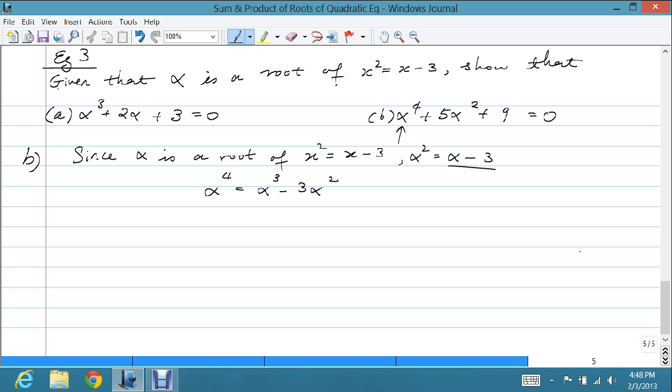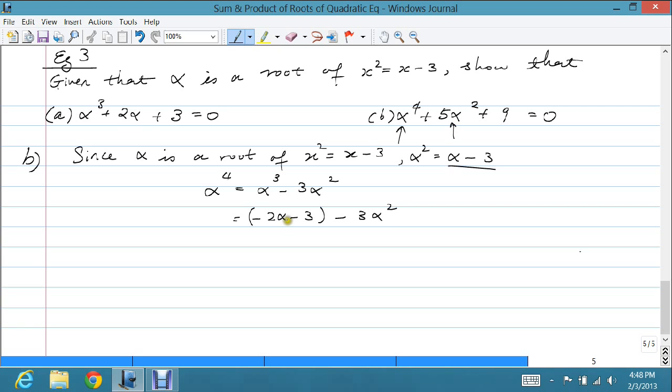That's one way to look at it. But remember, what was alpha cubed? In the earlier example, we know that alpha cubed equals negative 2 alpha minus 3. However, in your equation, there is no alpha, there's only alpha squared.